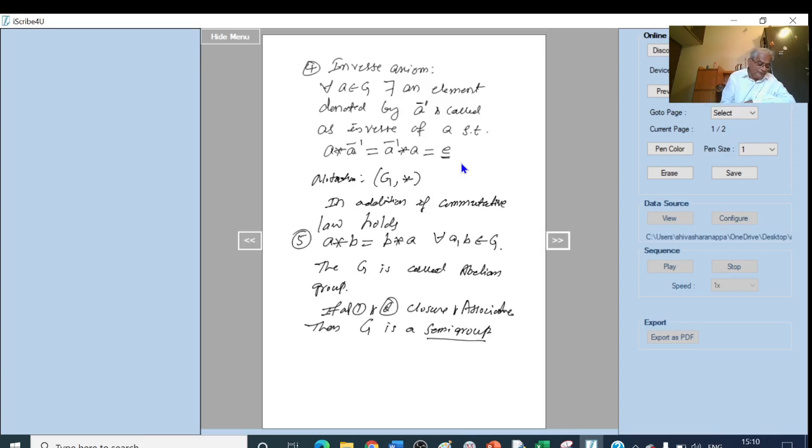So therefore here, if G is an abelian group, then is this a group? Yes, definitely it is a group, because in an abelian group 5 conditions are satisfied.